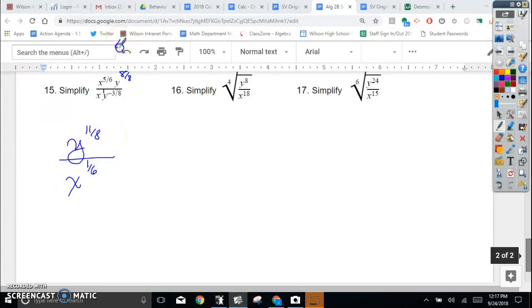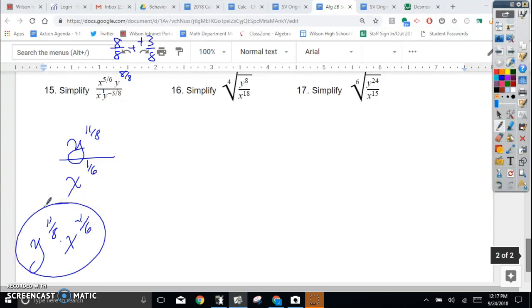Because remember, when you subtract a negative, that becomes plus. And to finish this up, I'll write them both in the numerator, times x to the negative 1/6. So 11/8 for the y, negative 1/6 for the x.